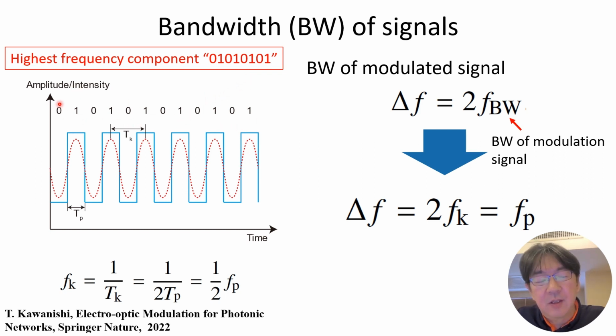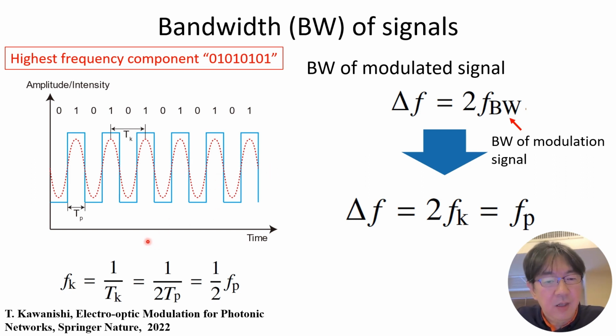In such the binary modulation format, the highest frequency component would be associated with 010101. Here you can see the pulse shape 010101. Obviously, it has the frequency component described by the dash sinusoidal wave.